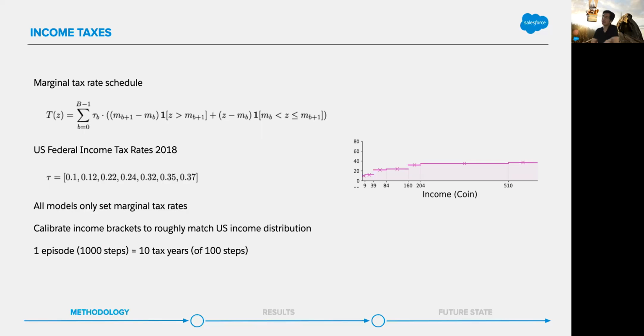But the way it works is that as you earn money, the money gets divided into buckets, and then you pay a different tax rate in every bucket of your income. On the right, you can see the US federal income tax from 2018. You can see that as you make more money, the higher buckets get taxed at a higher rate. So what our models are going to do is predict what these rates should be for every bucket.